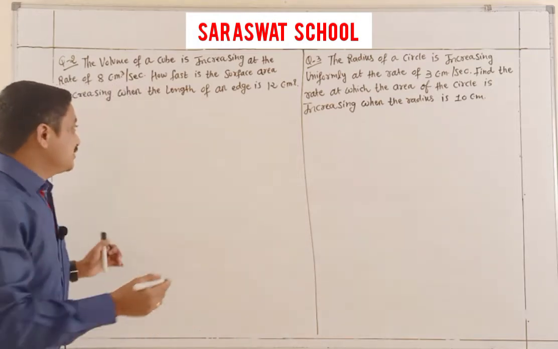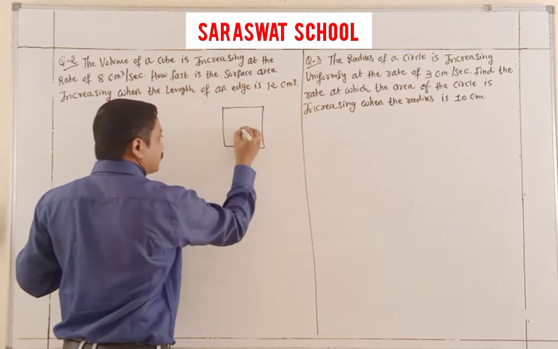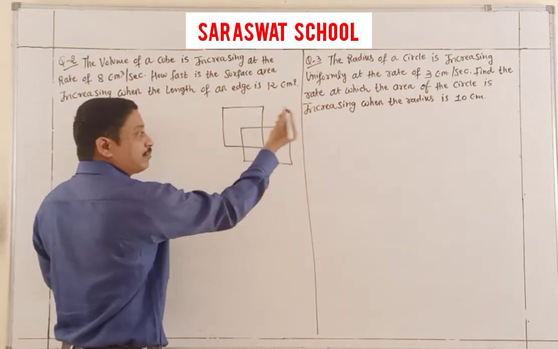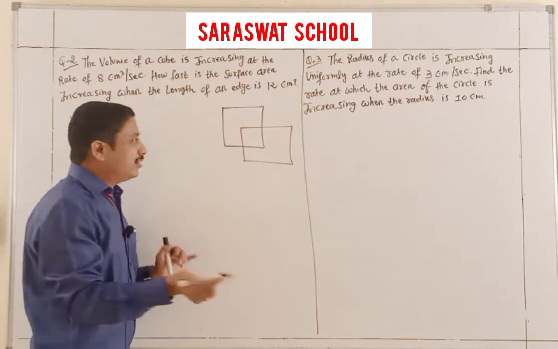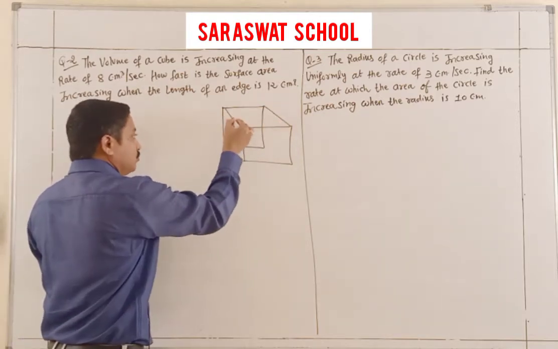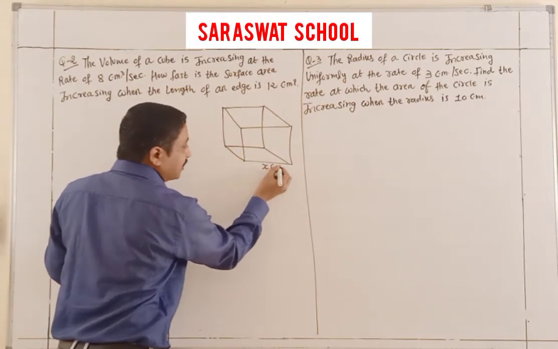Very easy students. Consider this is your cube. Here both mirrors are parallel, that's why I combine both. Don't worry, I will explain one by one. This is your cube, draw properly. And this edge is what? x centimeter.